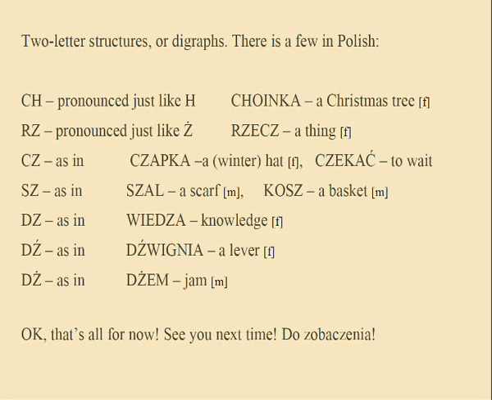DŹ with acute is pronounced dzi, as in word dźwignia, meaning a lever. DŻ with the dot, as in dżem, meaning a jam. The cluster SZCZ appears quite often in Polish, and in fact in Russian it is represented with just one symbol, shch.